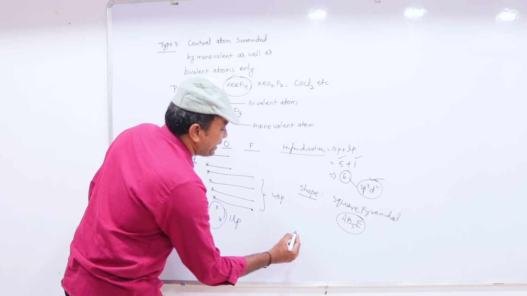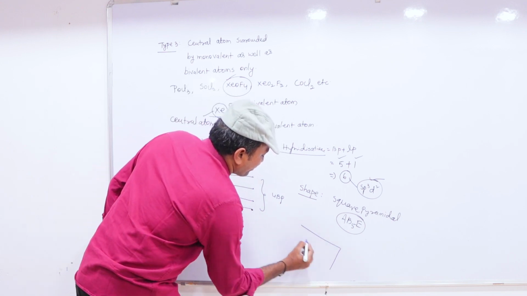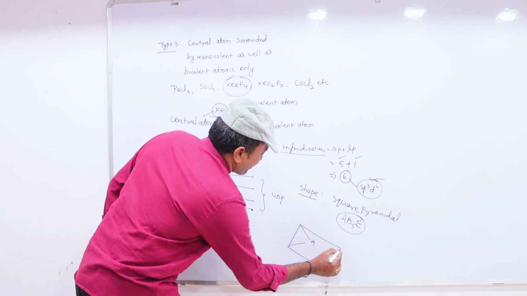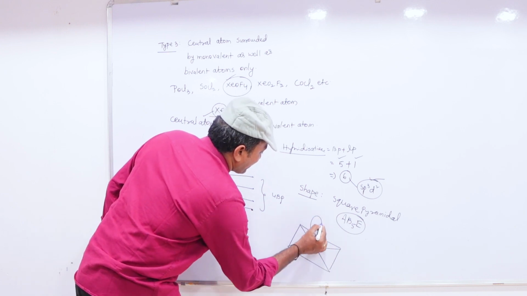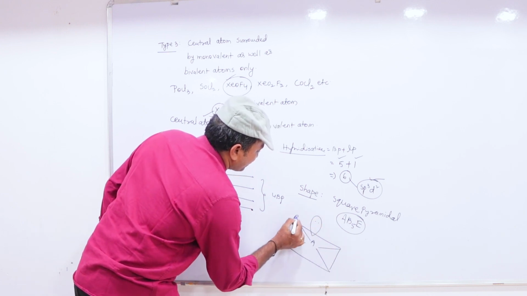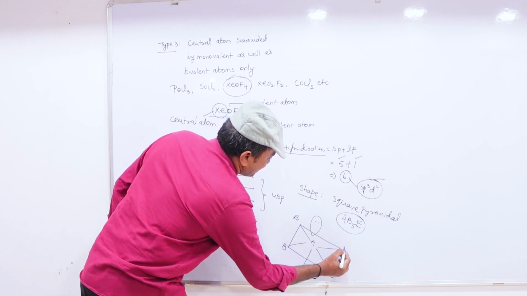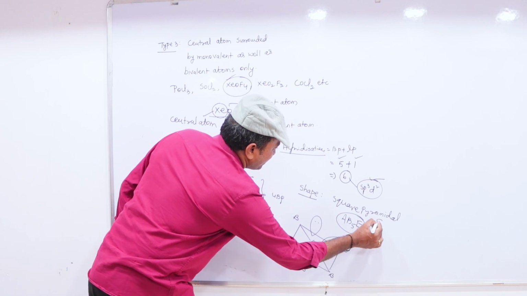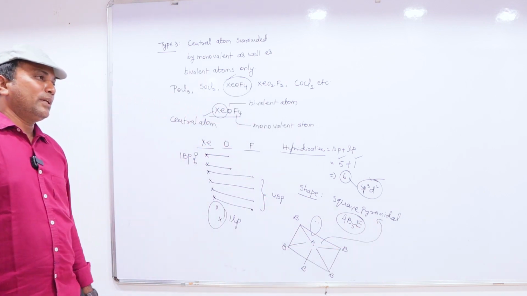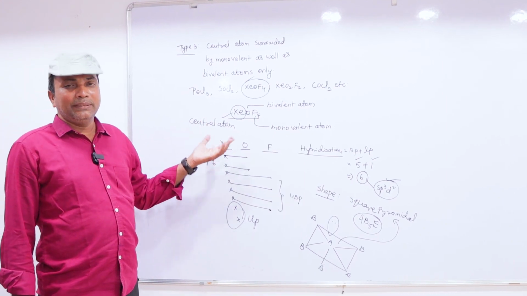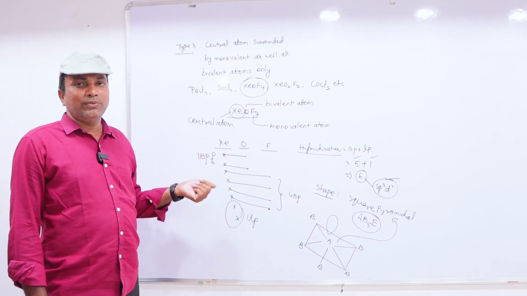The 5 bond pairs are attached like this with 1 lone pair, and this geometry we call square pyramidal. So these 3 types are very useful.